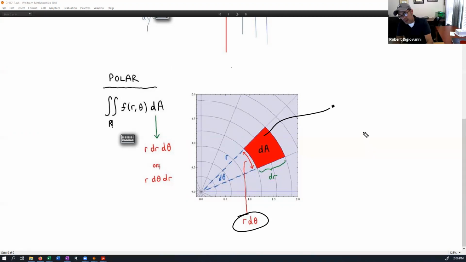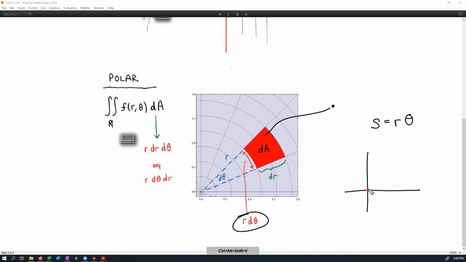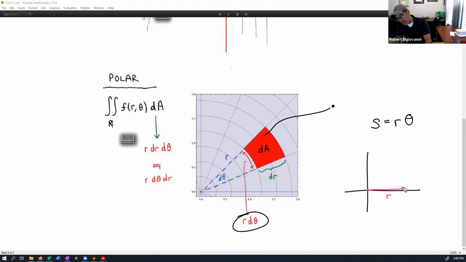Arc length, exactly. If you go back and remember from pre-cal, there was a formula, s equals r theta. If you start at the origin, go out to some radius, and then start swinging through some angle theta, and you want to know s, the length of this arc, it will always be r times theta.